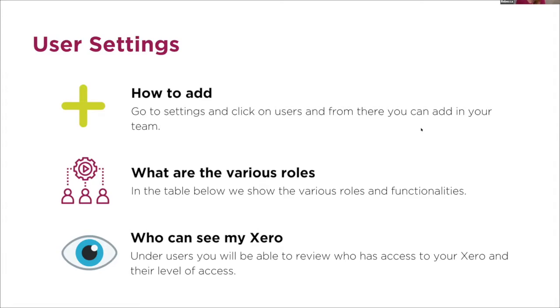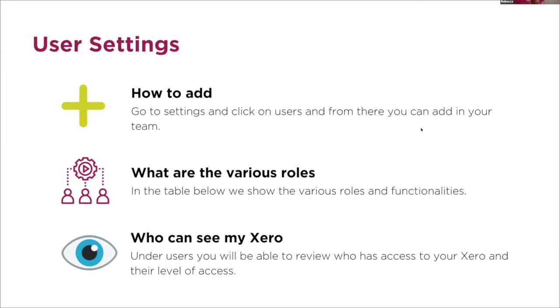So moving forwards, we're looking at user settings. So this will be on a slide because we're using demo data. So user settings, we want to invite the team in there, and as we know, teams might do different roles, so you might not want them seeing all your bank information.